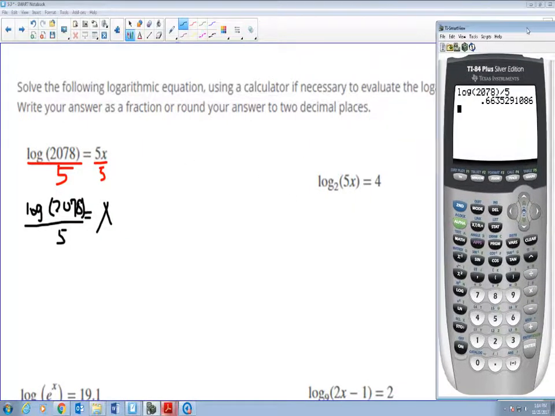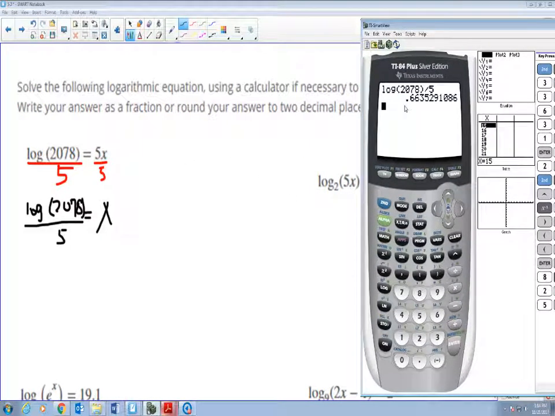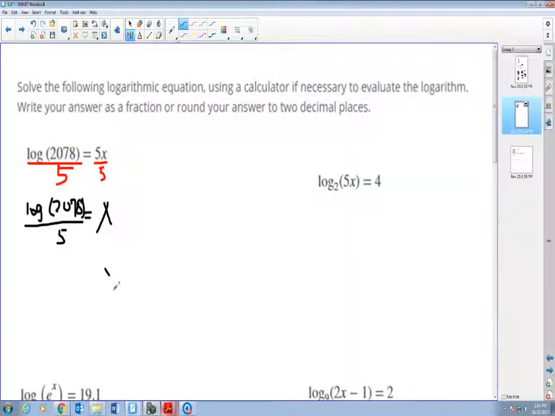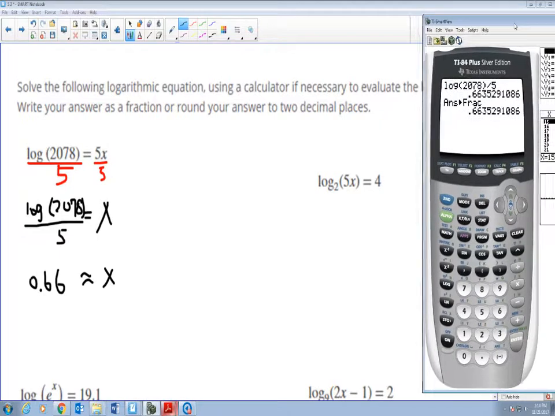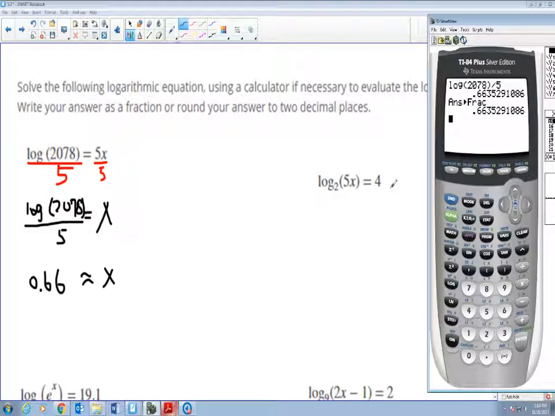We'll write it to 2 decimal places. That'll be 0.66. I don't think these can be converted to a fraction. Nope.